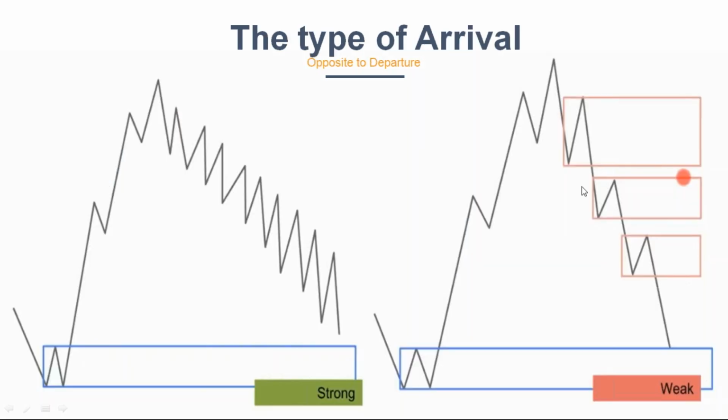Type of arrival, the most crucial point in our discussion today. What is it? The opposite of departure. What does this mean? Why is this strong? Why is this weak? Friends, tell me.